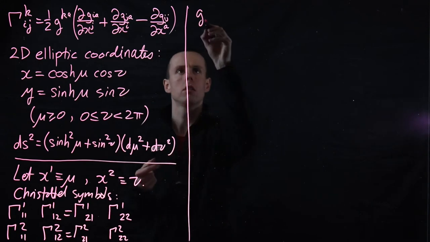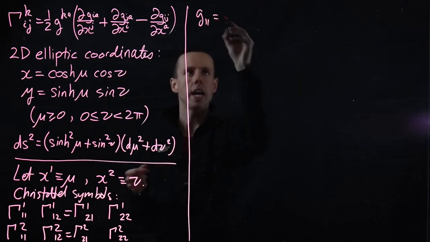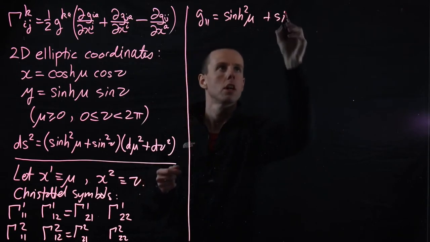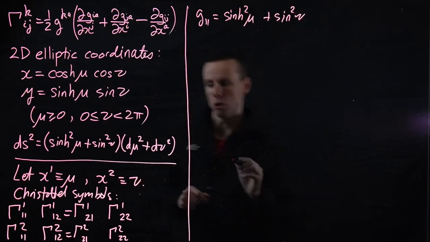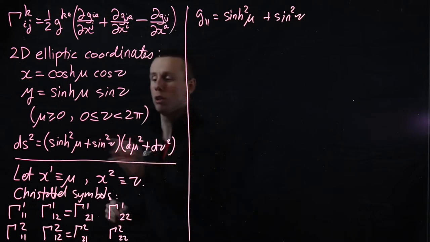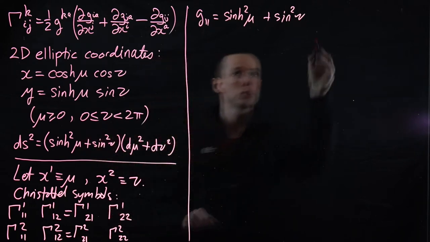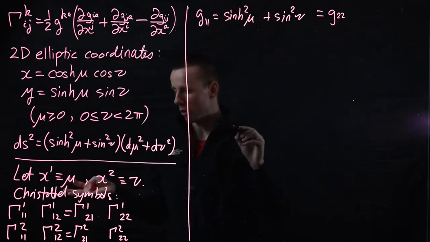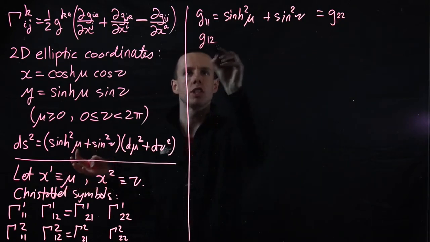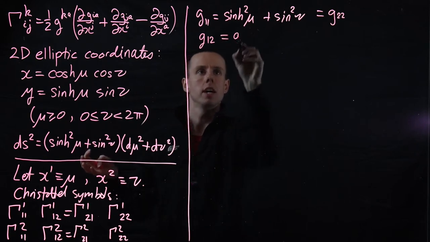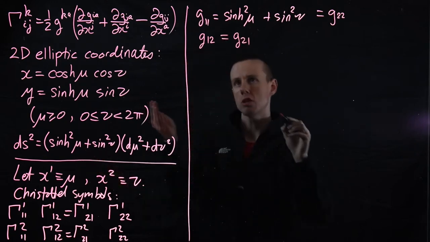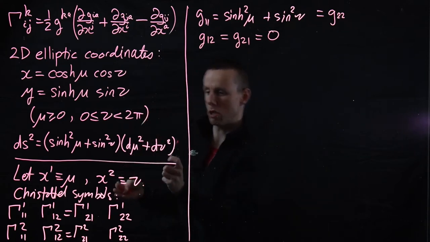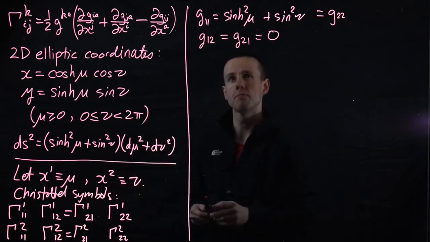So g11 will just be sine squared mu plus sine squared nu, and that will also be g22, because that's the same coefficient of d nu squared. The off-diagonal components, g12 and g21, are equal because the metric tensor is always symmetric, but they're just 0. We don't have a d mu, d nu mixed differential here.